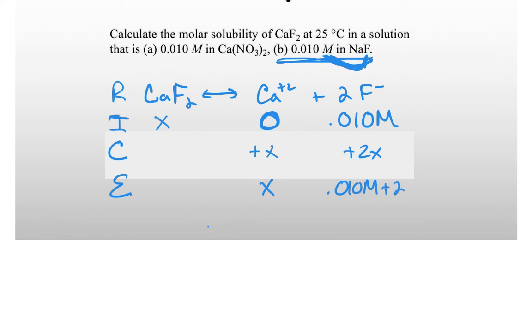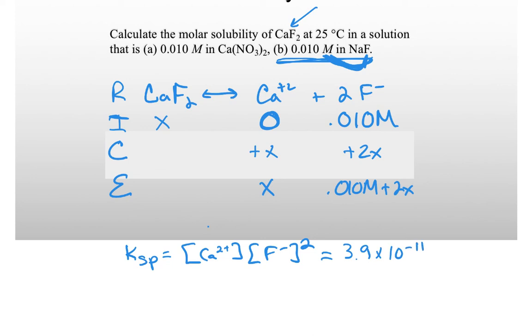For this particular problem, we need to know the Ksp for CaF2. Ksp is going to equal the concentration of Ca2+ times the concentration of F- squared. If we look that up in the back of the text, that number is 3.9 times 10 to the negative 11th.